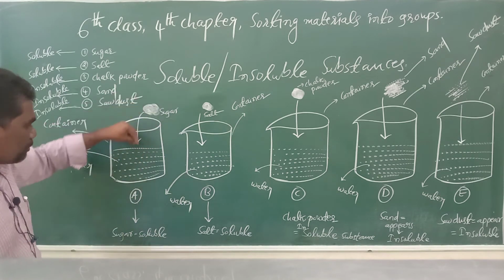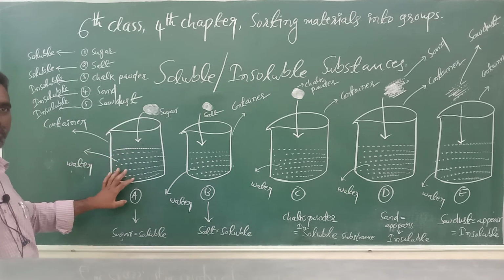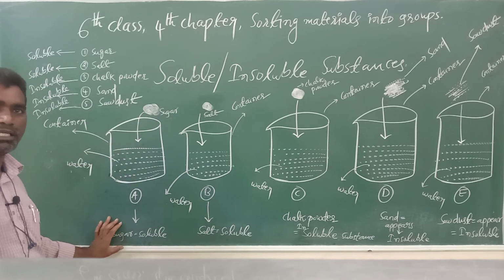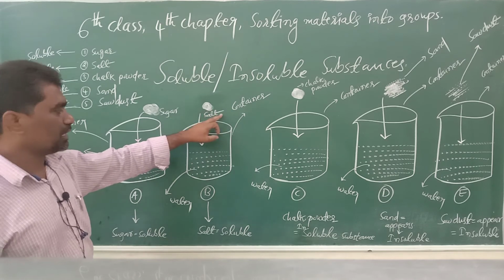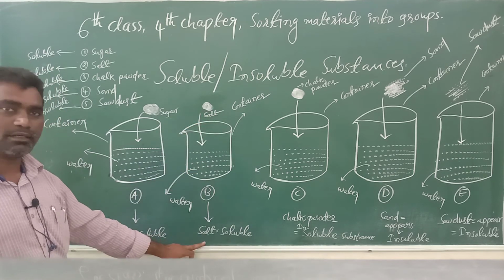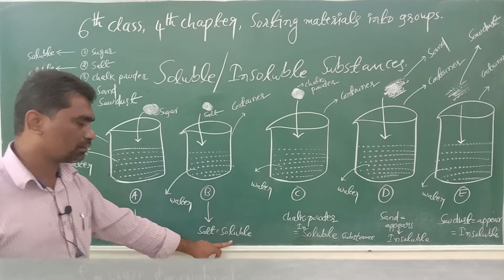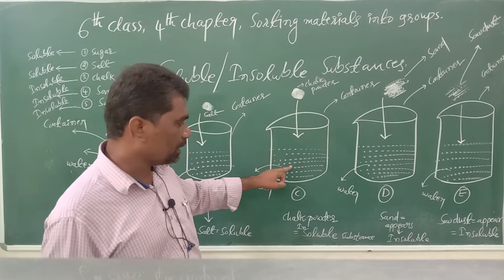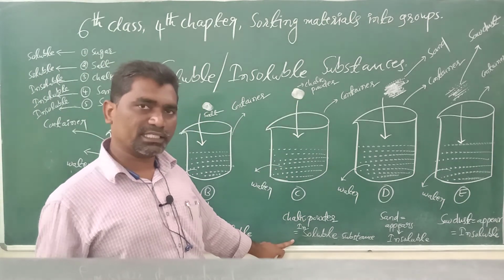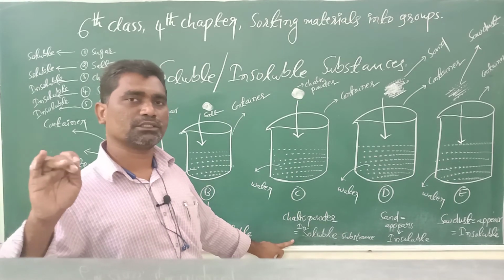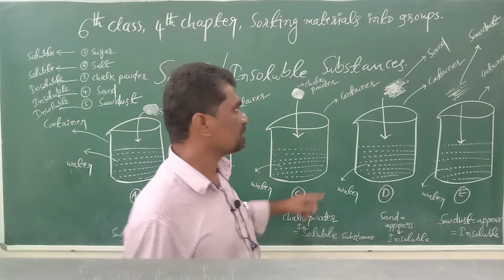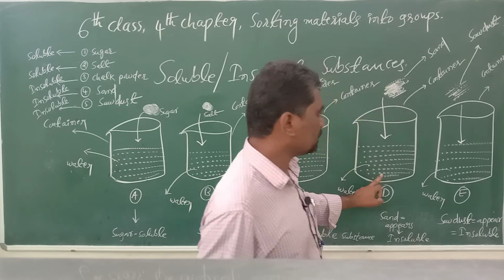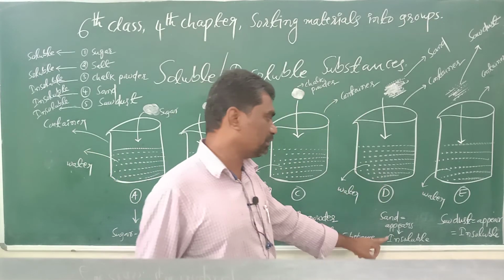Whenever sugar is put in the water, sugar dissolves in the water, so sugar is called a soluble substance. Whenever salt is put inside the water, salt dissolves inside the water, so salt is called a soluble substance. Whenever chalk powder is put inside the water, it doesn't dissolve in water, so chalk powder is called an insoluble substance. Next, sand also doesn't dissolve in water, so it is insoluble.